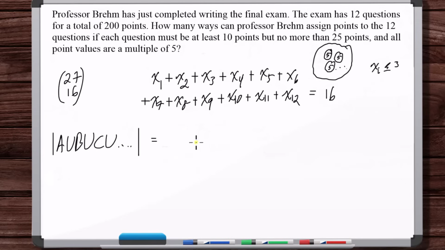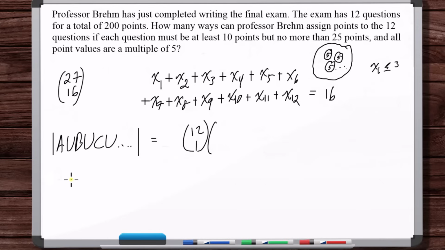We start off with how many are in A, B, C. The total number here is going to be 12 choose 1, because there are 12 letters, 12 bins. We're multiplying that by, what is the total number in A intersection B? Let's start with A intersection B.